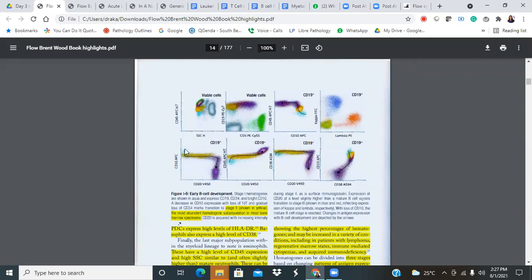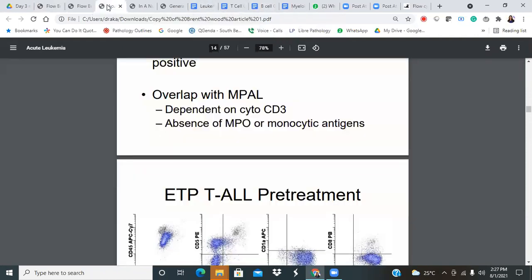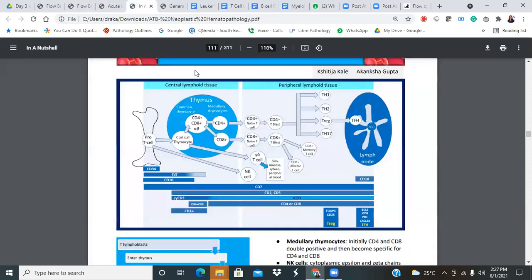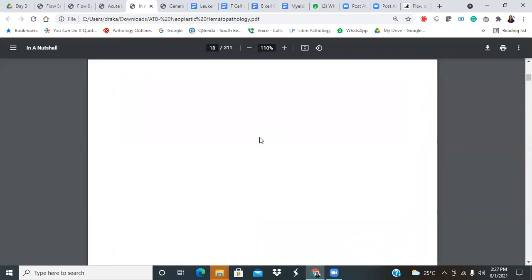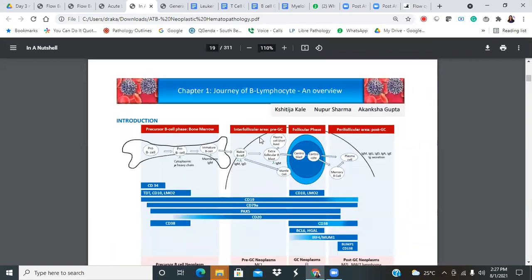So basically, if you see the B cell development, the early forms have CD10, and the late forms start having CD20.